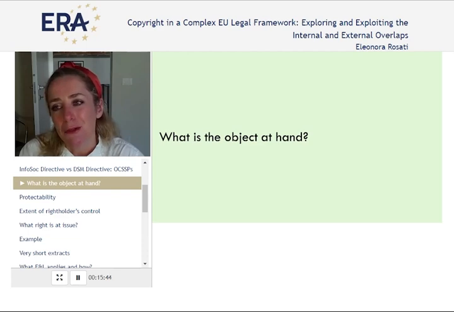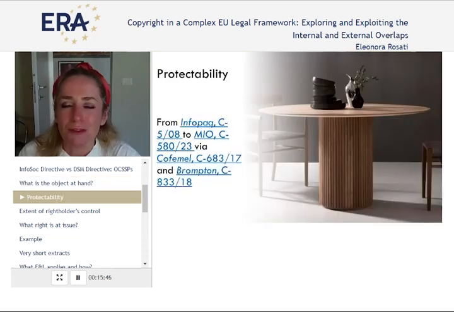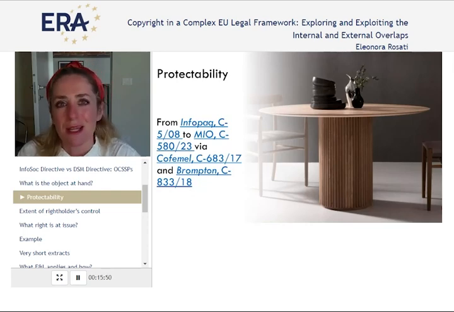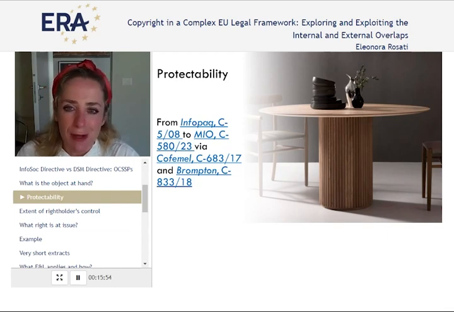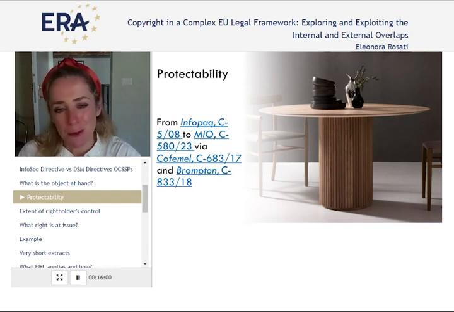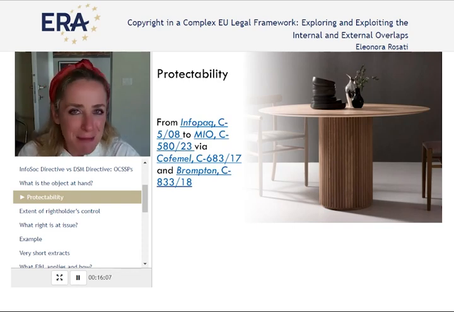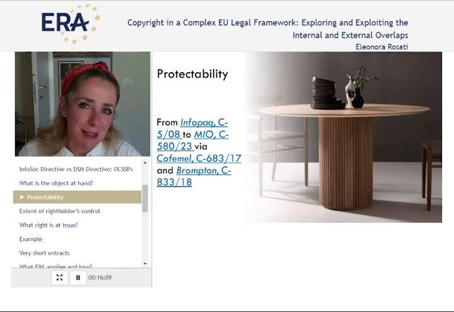And here I would like to point out that works of applied art still raise several questions. As you know, these have always struggled to find a place within the copyright system out of a belief that the natural, if one can call it that, form of IP protection for these functional objects with aesthetic appeal will be design rights.